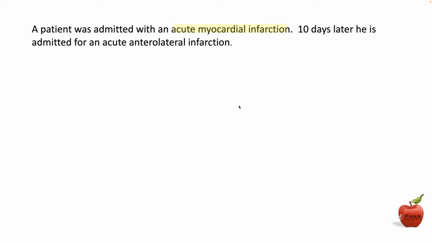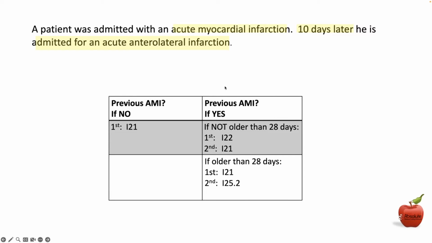So now I have to highlight my key terms. The patient was admitted with an acute myocardial infarction. 10 days later, he's admitted for an acute anterolateral infarction. So he had two infarctions within a period of 10 days. And we want to know, which side are we going to code? Of course, the right side, because he had a previous infarction. We're going to say yes.